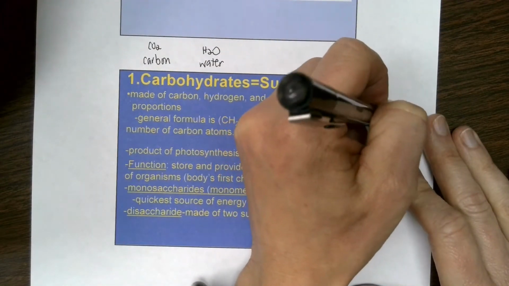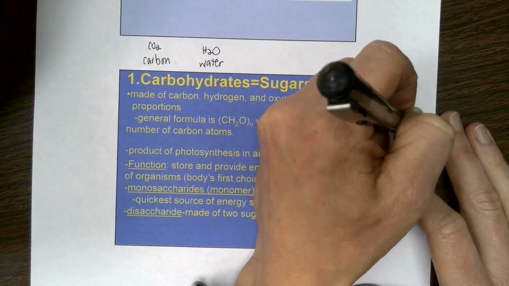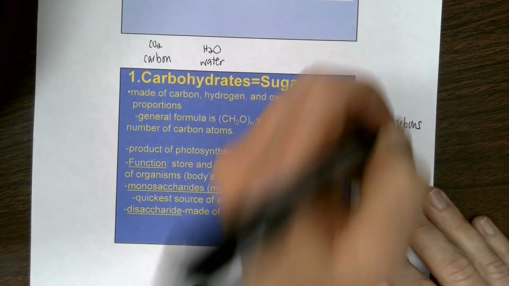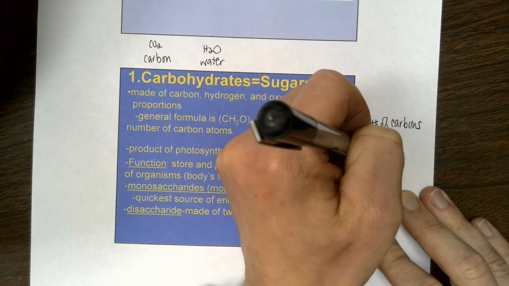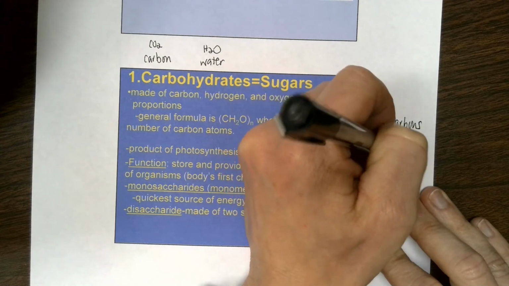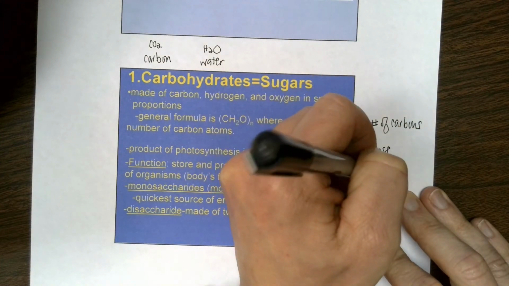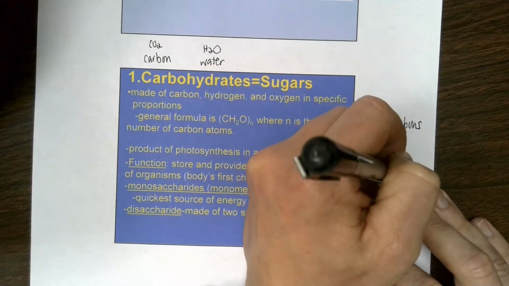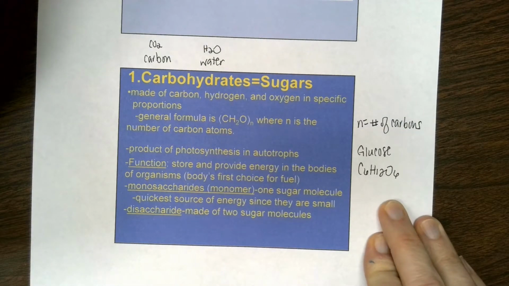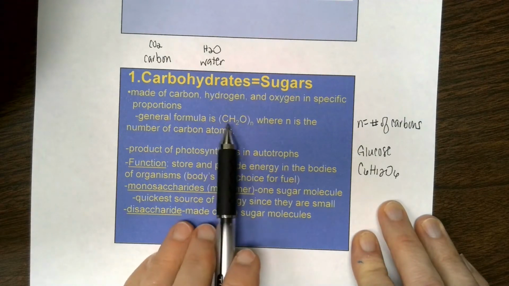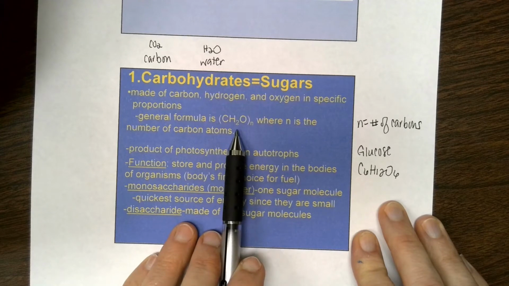So that being said, when plants are making glucose, glucose is C6H12O6. Again, the N is the number of carbons. So if there's 6 carbons, then there's going to be 12 hydrogens in glucose, because 6 times 2 is 12.